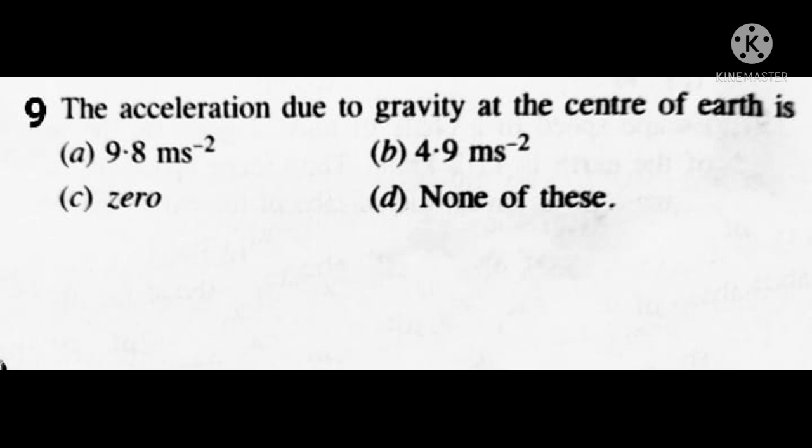When we go from the pole to the equator, its value goes on decreasing, and it is minimum at the equator. And when we move downward, that is, go to the depth from the surface in the downward direction, at the center of the Earth the value of acceleration due to gravity is 0. So here C is the correct option. The acceleration due to gravity at the center of Earth is 0.